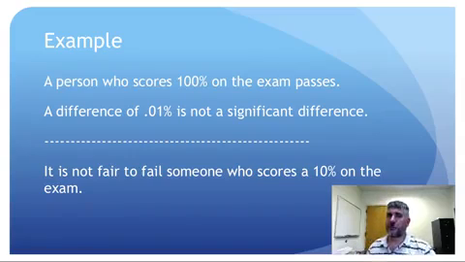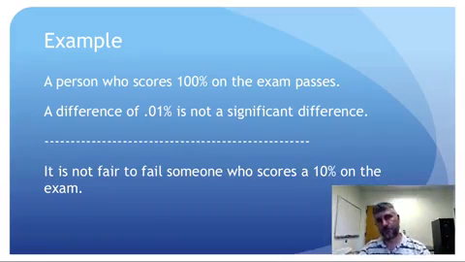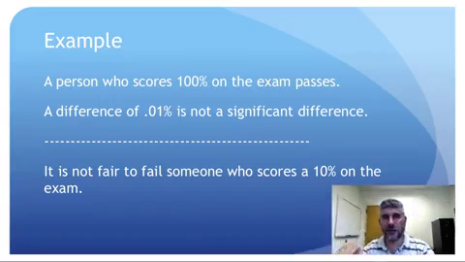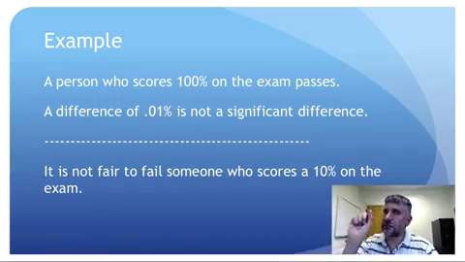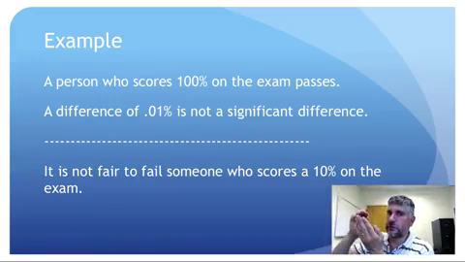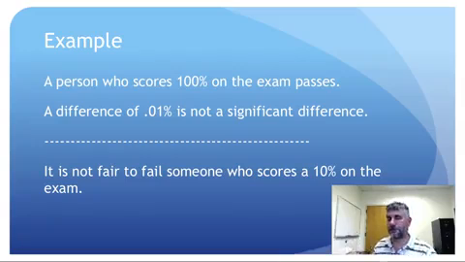And then, for the same reason, it's not going to be fair to fail someone who scores 99.97%. And so on, all the way down the scale. Right? It can't be fair to fail them because there's no significant difference between that score and a score that's 0.01% higher. So that's a fairness slippery slope argument.